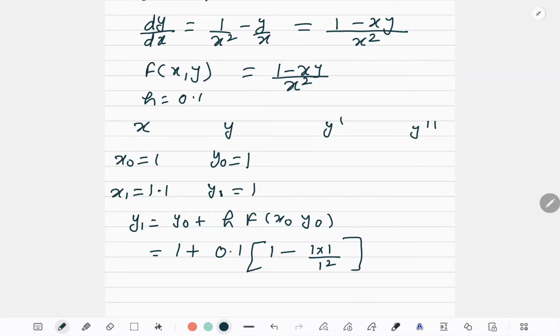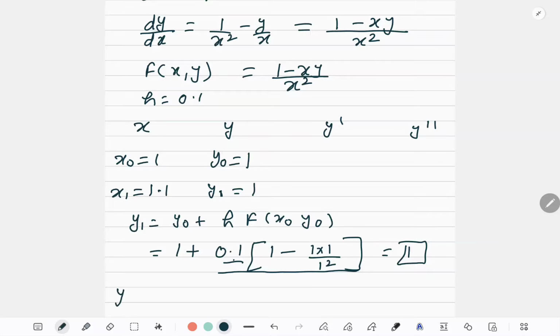Correct? So this is how I will find out the value of the first term, that is my y1. If you calculate, 1 minus 1 is 0. 0 into 0.1 is 0. So this term becomes 0. So I am left with only 1. So y1 value is 1.